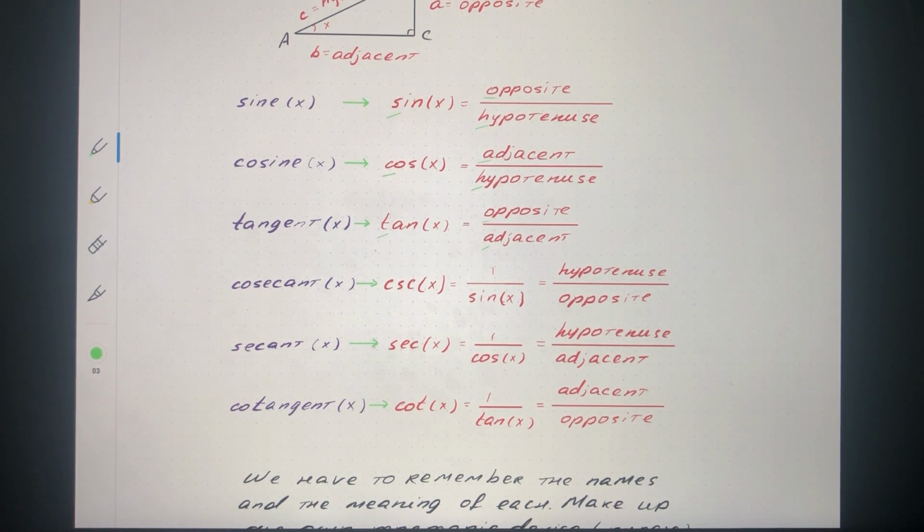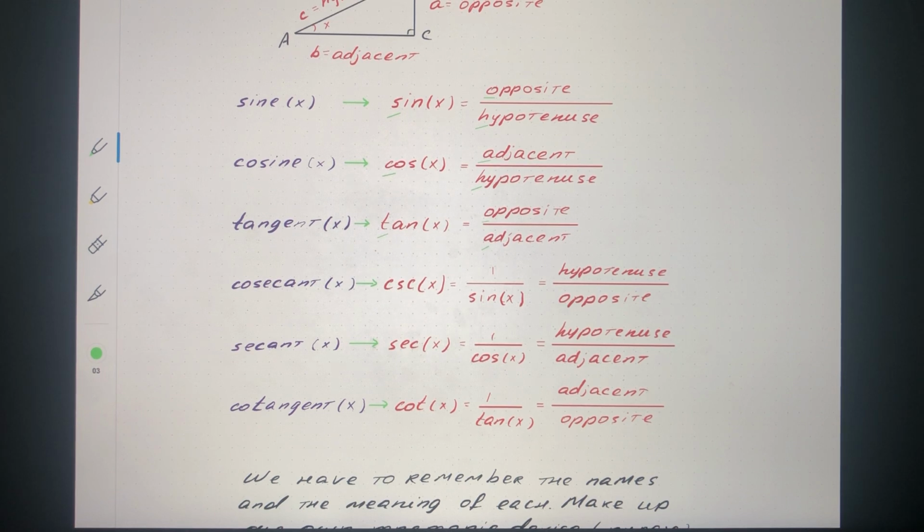So now that we have all 6 in front of us, we have to put them somehow in our memory. And since these are just mathematical functions, mathematical terms, they do not usually create any connections in our mind. So we have to create our own mnemonic device, some kind of phrase that will help us to associate these names with a phrase.